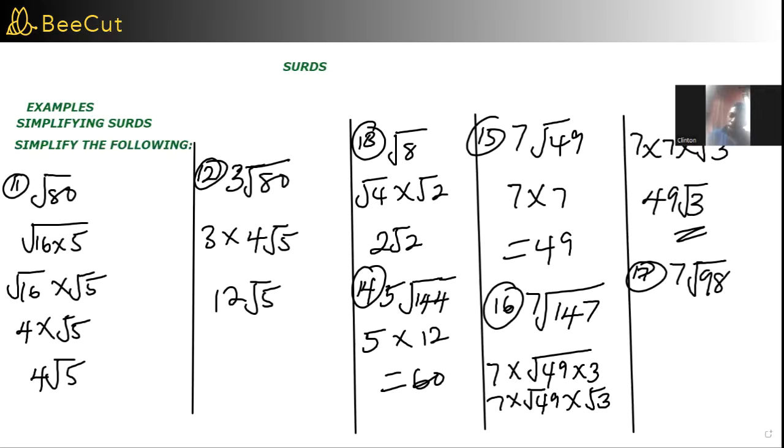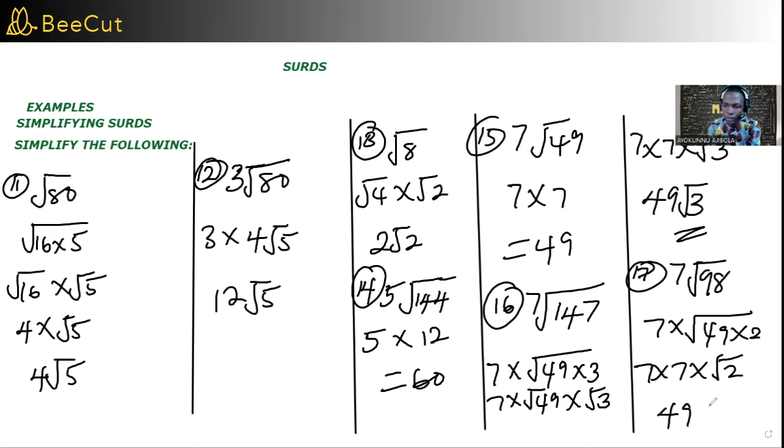The answer is 49 root 2. That is 7 times root 49 times 2. That is 7 times 7 root 2, which is 49 root 2.